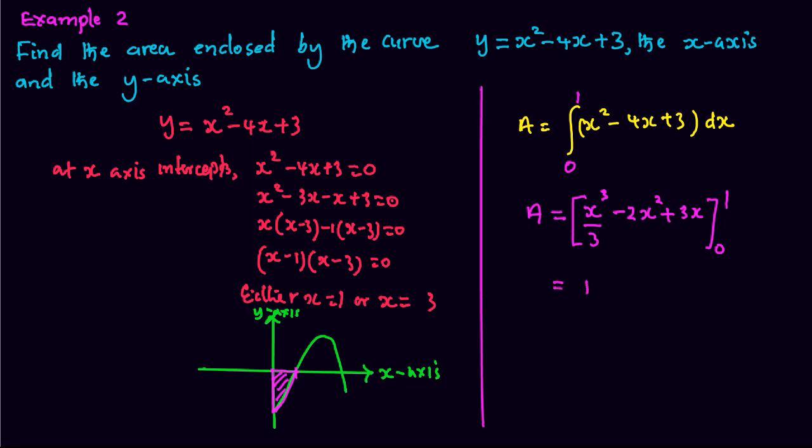That will be equal to a third minus 2 plus 3, equal to the previous, which will be 1.33 square units. So it's important to identify the correct area that satisfies the conditions that have been set for the area we need to obtain.